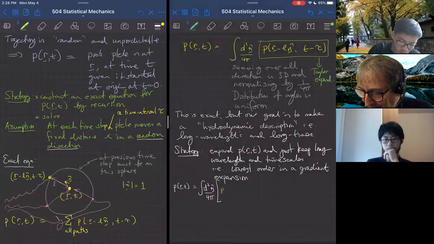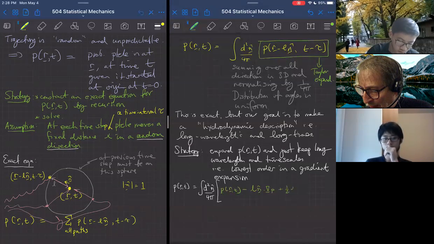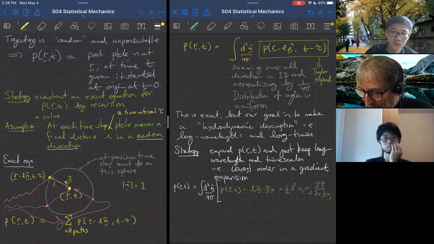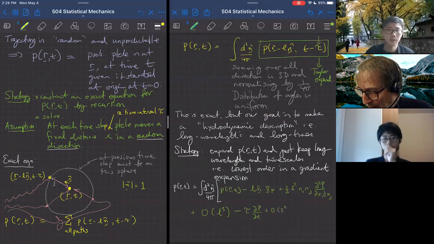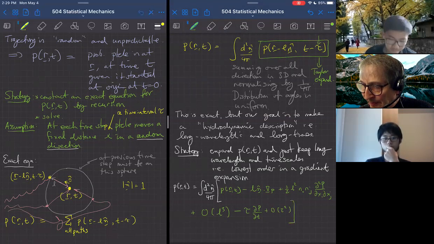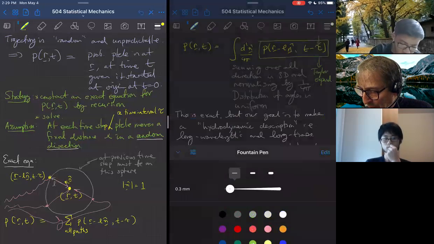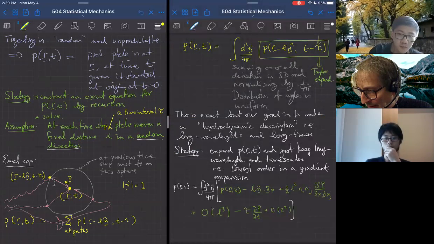So what I am going to get is this P of r and t minus l n dot grad P plus 1/2 l squared ni nj d2P by dxi dxj plus order l cubed, and then the second term, this term over here, minus tau dP by dt plus order tau squared, and then all of these things are evaluated at the point r and t.